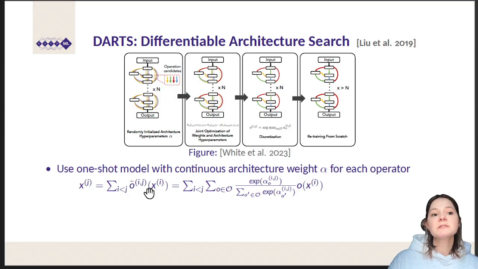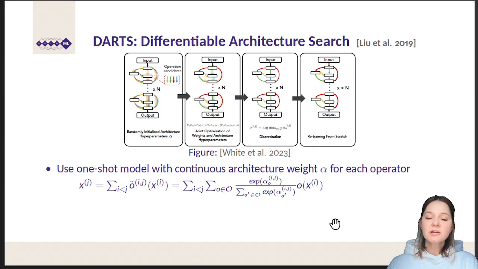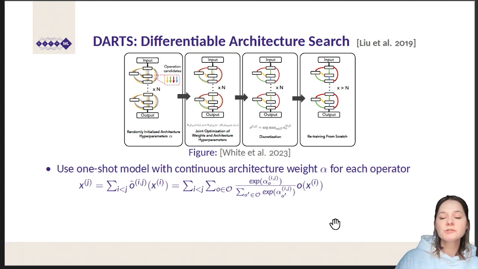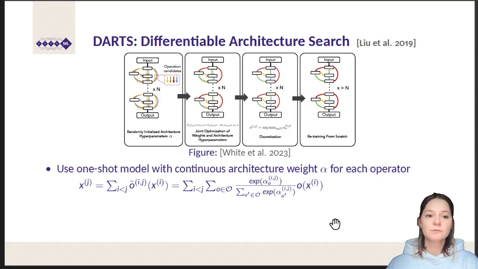And this operator exactly is the mix of all the candidate operations. So what does it actually mean? We train our super network, and our edge e_ij, going from node i to node j, from x_i to x_j, consists of the mix of all candidate operations.